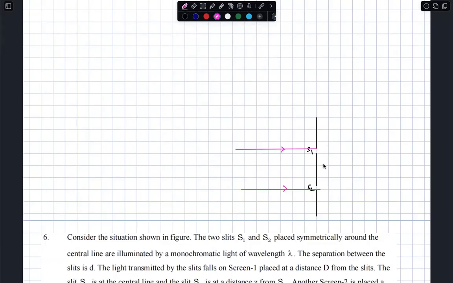This is the plane wavefront, which means the wavefronts will be like this. This is how you'll have plane wavefronts.